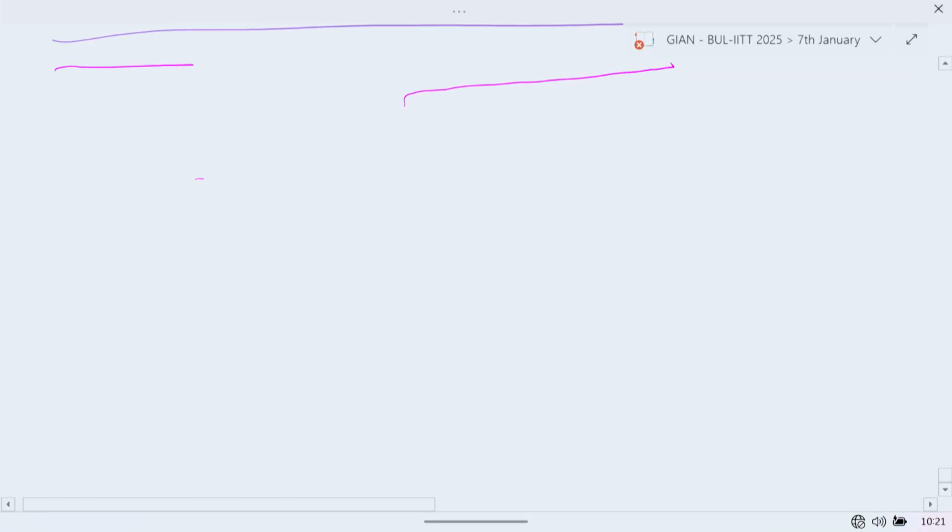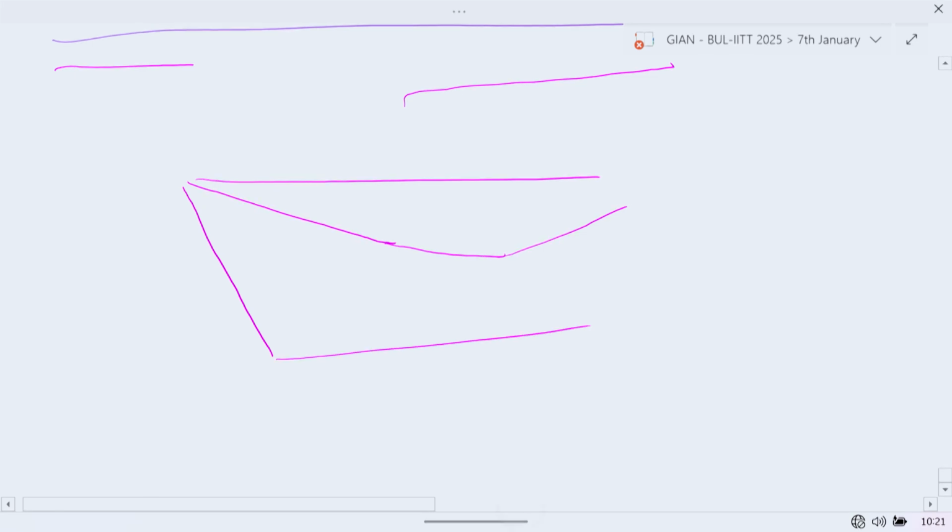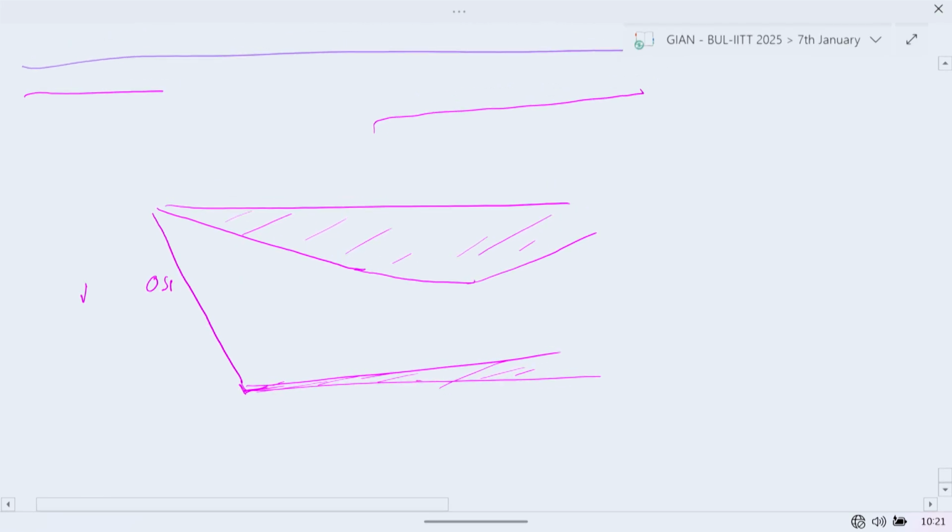So here is the inlet configuration. Here is the oblique shock 1. So M1 equal to 3.